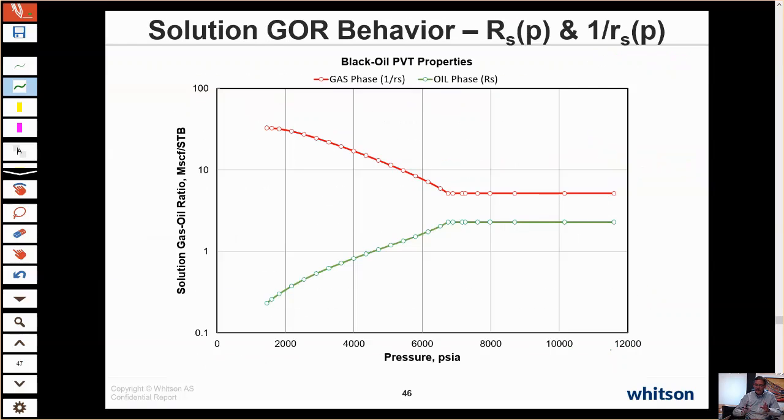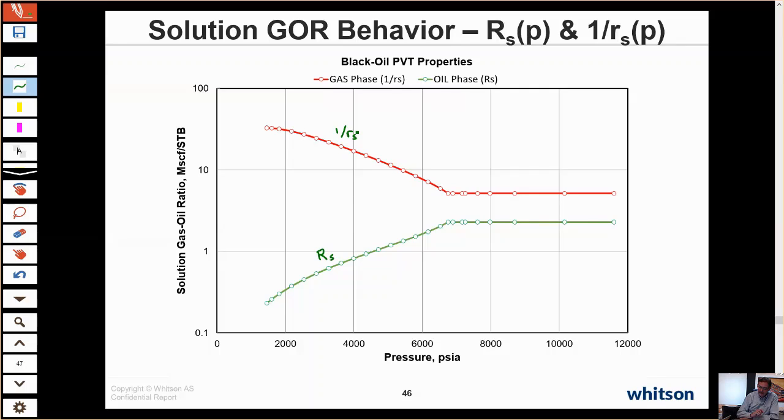So this is an example figure that I had sent to me yesterday. And it's just an example. What this figure does, and we use it all the time, is show the solution gas-oil ratio. So for the oil phase, this is Rs, and for the gas phase, it's 1 over little rs. All on the same figure.